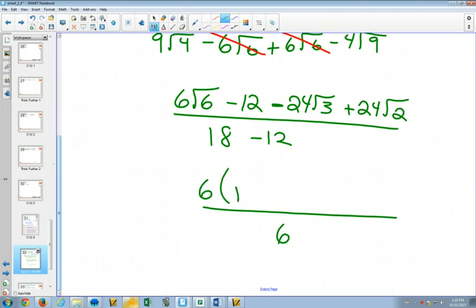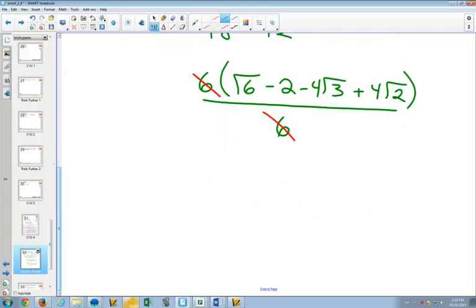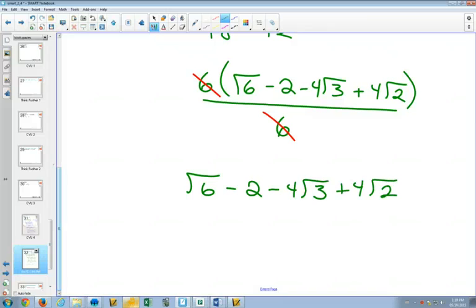If I factor out that 6, I get root 6 minus 2 minus 4 root 3 plus 4 root 2. And then you ask yourself, with the fraction out in front, 6 divided by 6, can you simplify that? Yes, those will cancel out, and we're just left with square root of 6 minus 2 minus 4 square root of 3 plus 4 square root of 2.